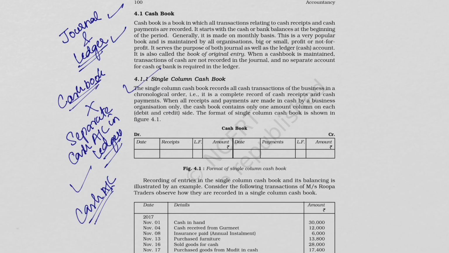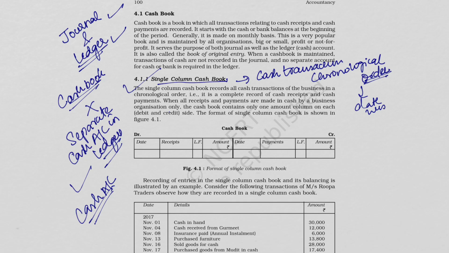Now we'll study the single column cash book. A single column cash book records all the cash transactions in chronological order, which means date wise. If the business deals only in cash and not in bank transactions, then we use a single column cash book.